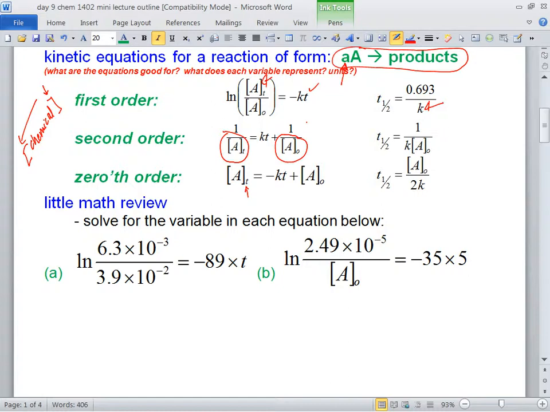Shouldn't they have written t equals 0? It would have made more sense. But they have a little 0, and that's the initial time. So that means, how much did you start out with? We started out with 2 molar. Well, that's the concentration of A at time 0. So there's going to be a concentration, the initial. And we have one left, t sub 1/2. What is that one called?